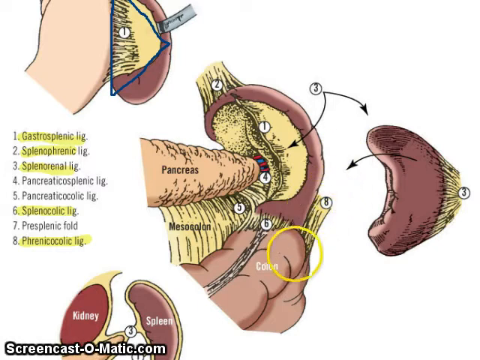It's the junction between the midgut and the hindgut here in this part. It's keeping the splenic flexure hanging on this side, but it's important because of its relation to the spleen, because it directs the spleen in this direction when it's enlarging.